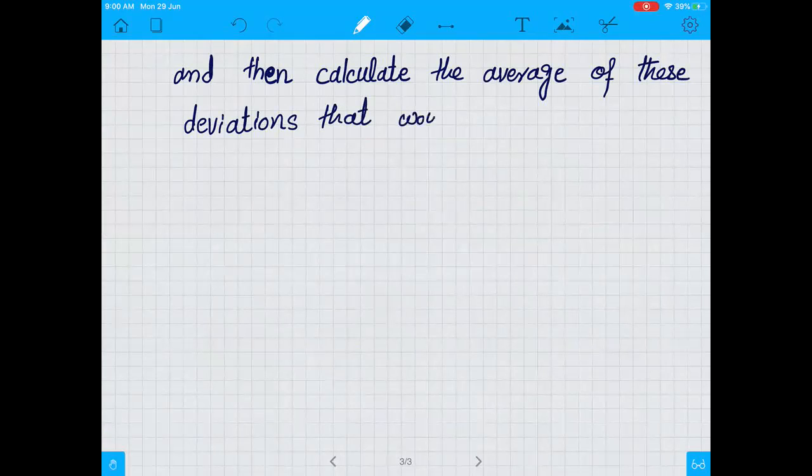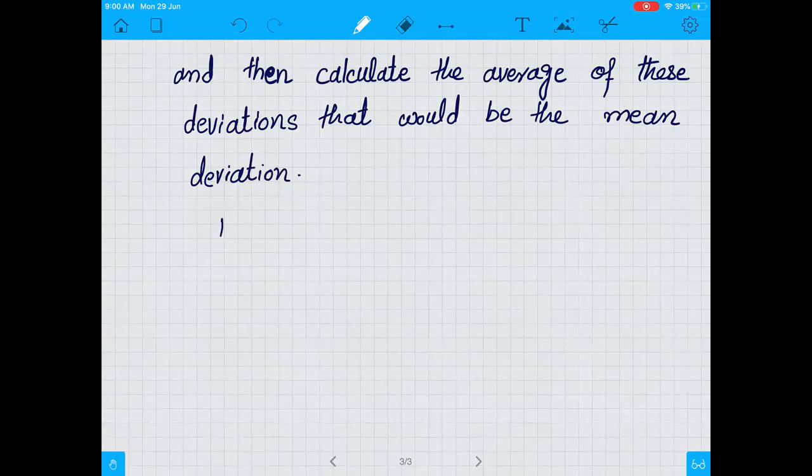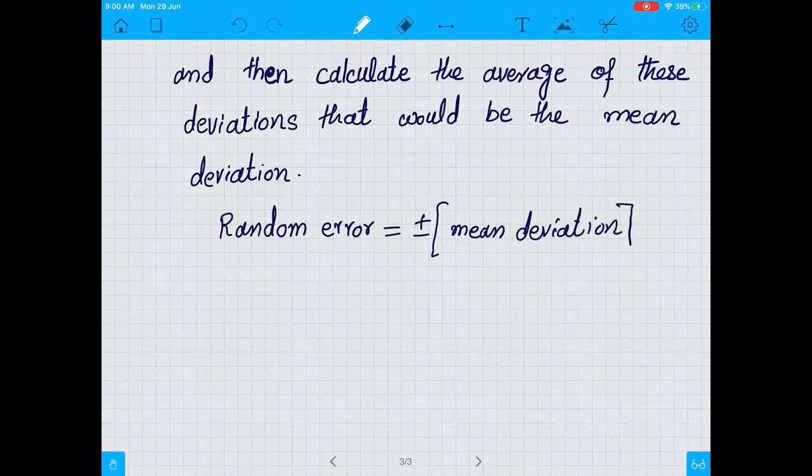That would be the mean deviation, and then the random error would be equal to plus minus mean deviation.